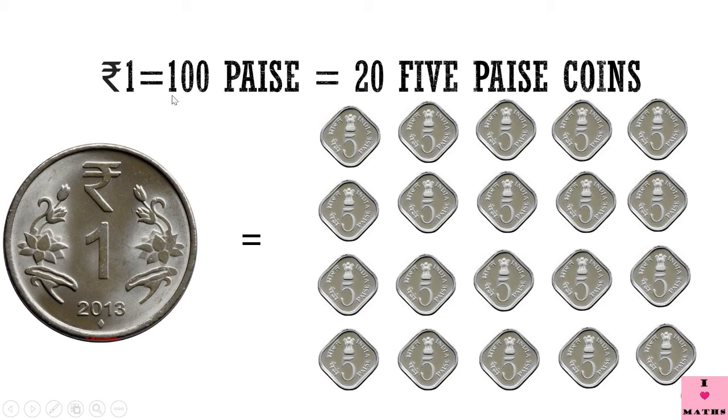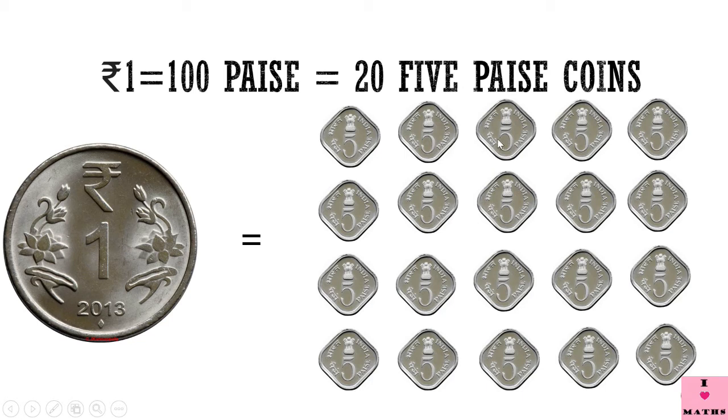So, I will divide 100 by 5. 100 will be the dividend and 5 will be the divisor. So 20 is the quotient. It means 20 times 5 is 100. So 20 five paisa coins make 100 paisa.